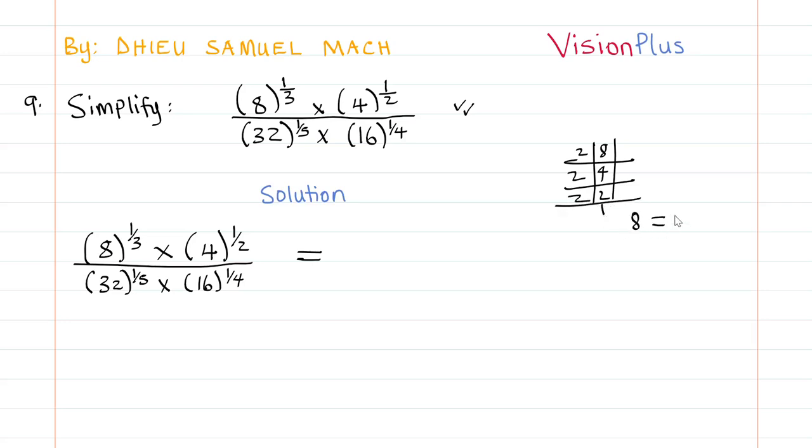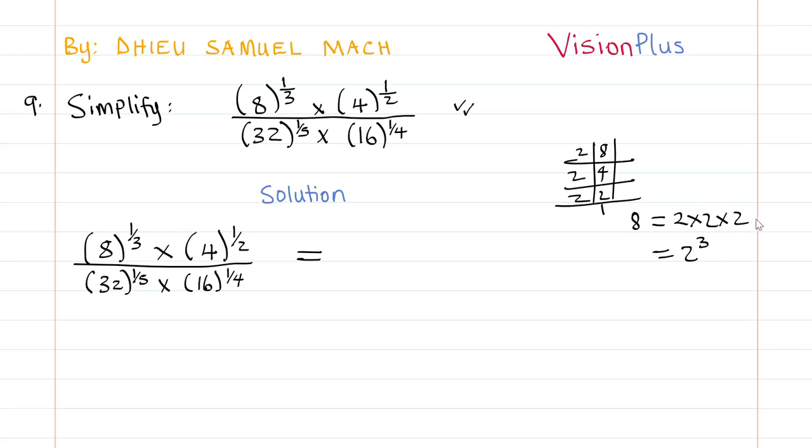Therefore, 8 is the same as 2 times 2 times 2. We are multiplying a number 2 by itself, in this case, 3 times. So, therefore, in the index form, 8 is the same as 2 to power 3, simply because we are multiplying the base 2 by itself 3 times.